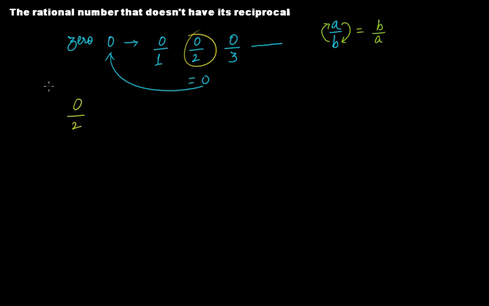We have to interchange the position of the denominator and the numerator. This becomes 2 by 0. But we know that this form is actually undefined, because we cannot divide any number by 0. So the rational number 0 doesn't have its reciprocal.